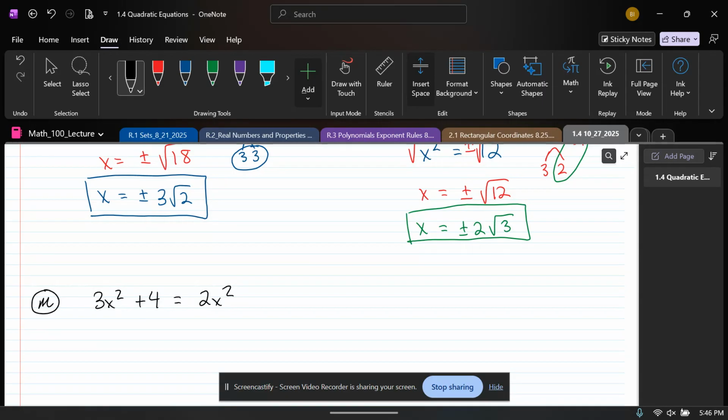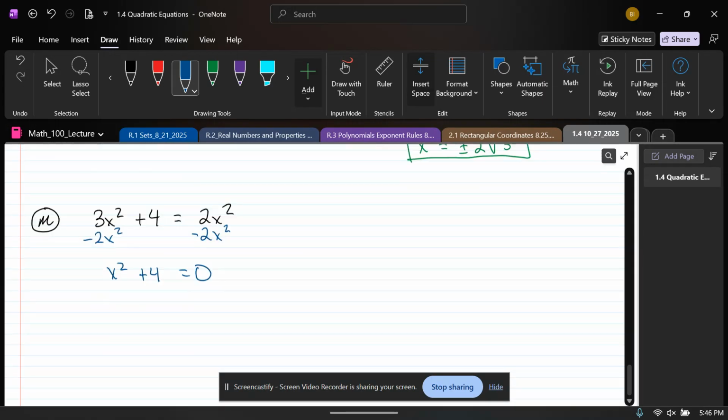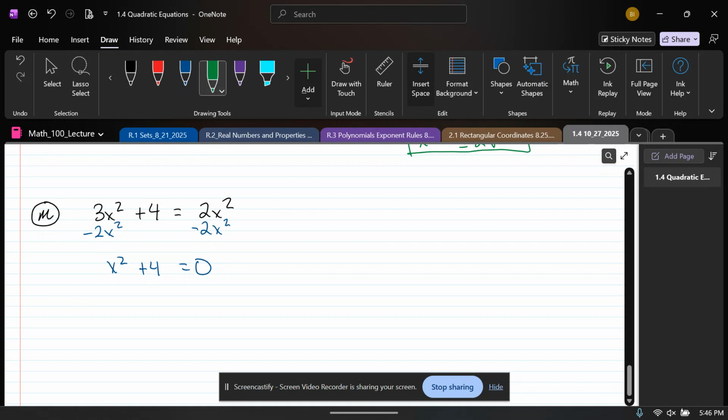So if I'm going to solve this by square roots, I need to get the x squareds on one side, the numbers on the other, right? So what do I want to do here? Give me a step. Okay, if we do that, that's not wrong. That's going to give me x squared plus 4 equals 0. Okay, then move the 4. 2 steps to get there, no problem. So we have x squared is equal to negative 4.